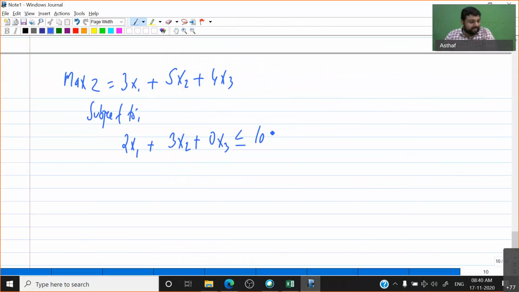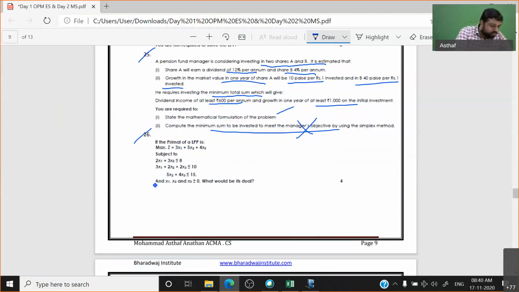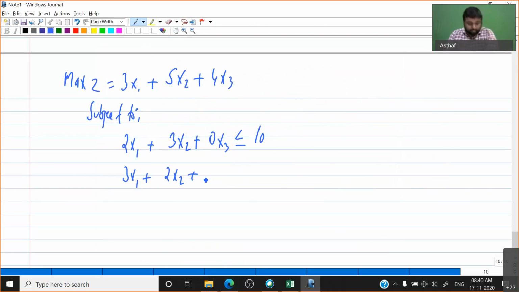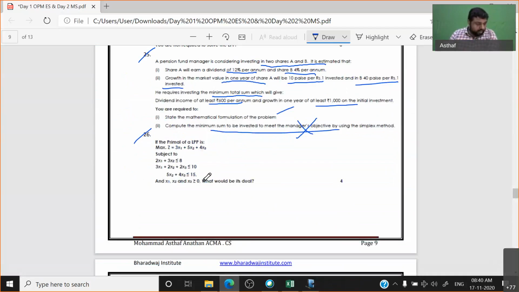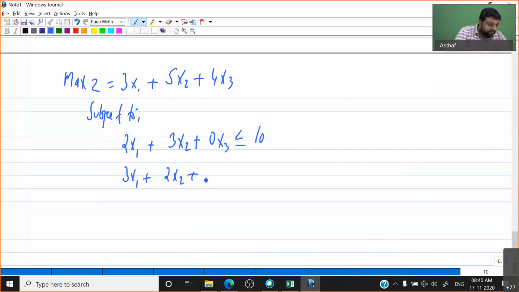What is next? I'm just writing the question. 3x1 plus 2x2 plus 2x3 less than or equal to 10.